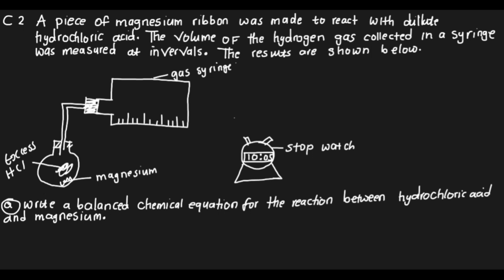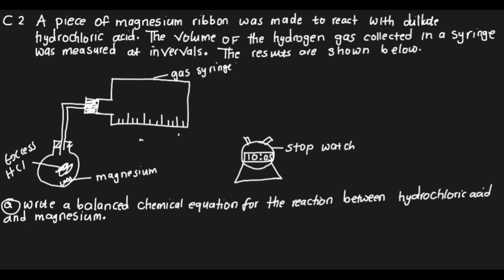From this diagram, we can see that at the beginning the reaction was fast, but as time progressed, the reaction slowed down until it stopped, since one of the reactants was completely used. Now let's look at the first question here. Write a balanced chemical equation for the reaction between hydrochloric acid and magnesium.